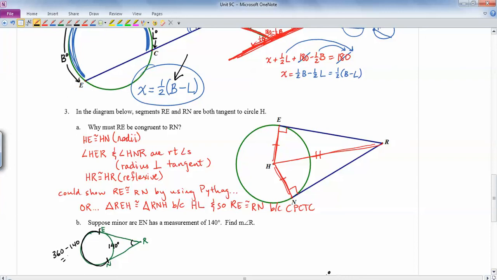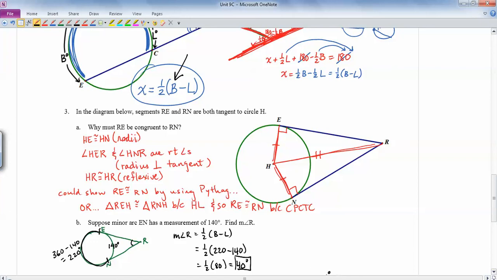So that's going to be 220 degrees. So if I did measurement of angle R equals half of the big arc minus the little arc, what I'm really doing is half of 220 minus 140. So that's going to be half of 80 degrees, which is going to be 40 degrees. So there's my measurement of angle R.